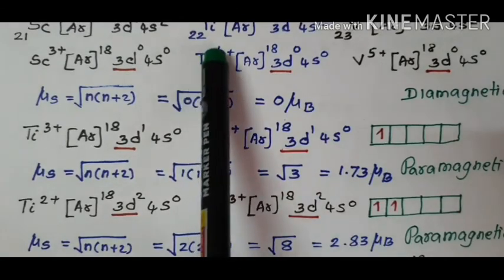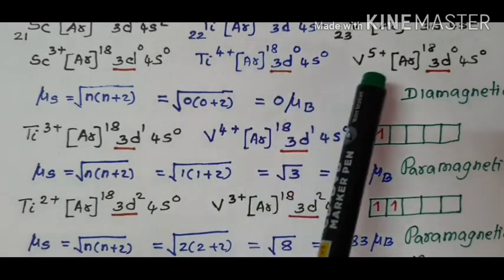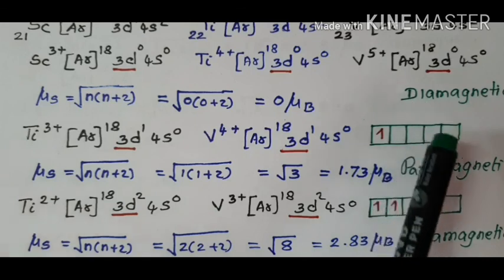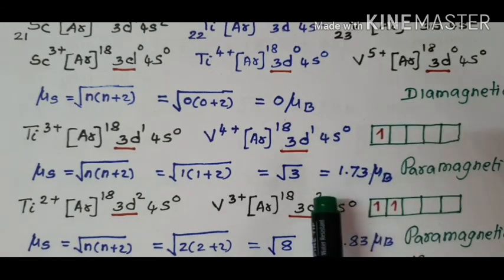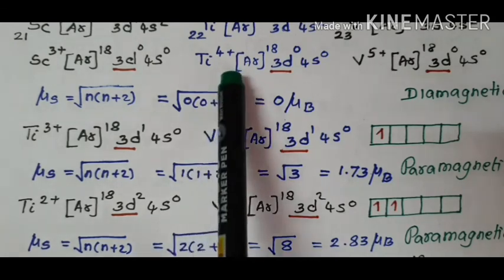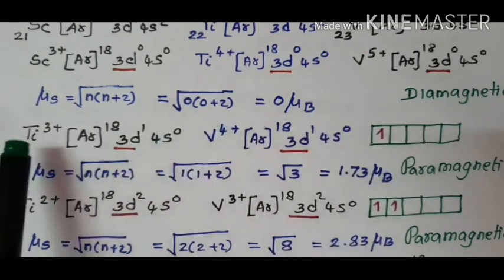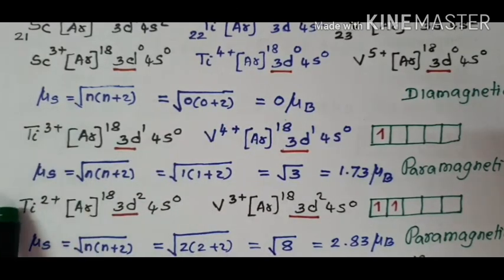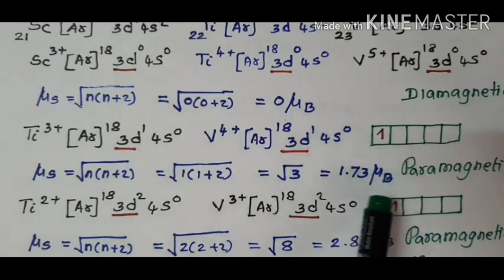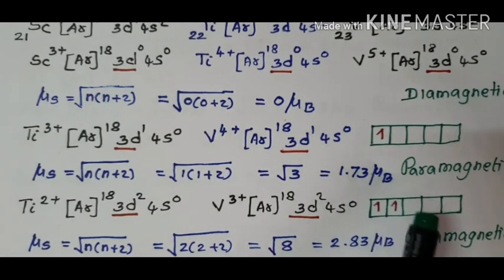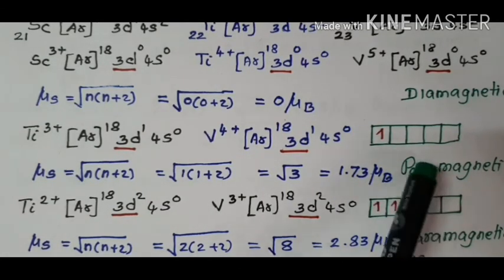Titanium 4 plus, there is no electron in d orbital, therefore diamagnetic. If all the electrons are paired, if the d orbital is empty, it is diamagnetic. But in titanium 3 plus and titanium 2 plus, both ions contain unpaired electron, therefore paramagnetic in nature.